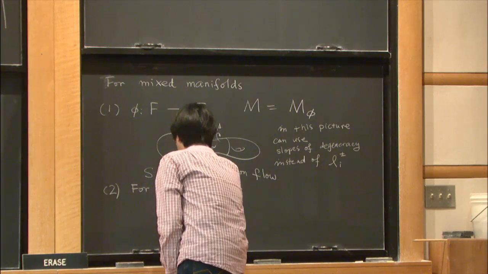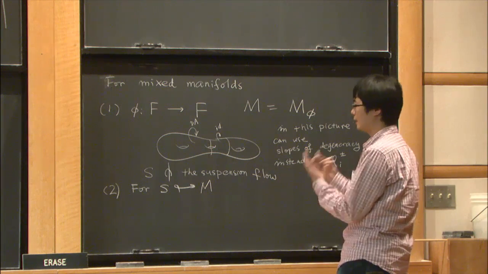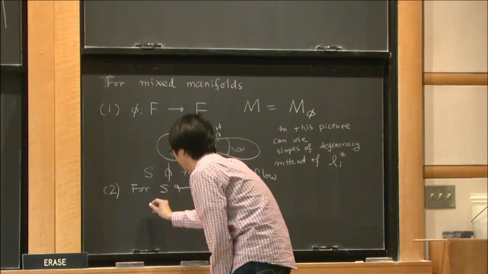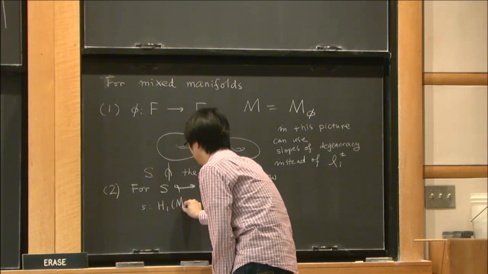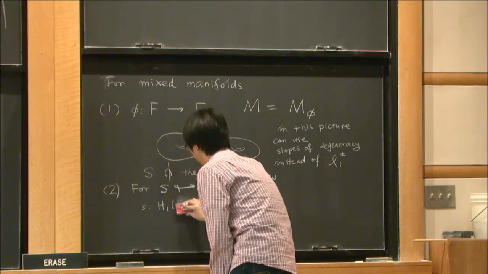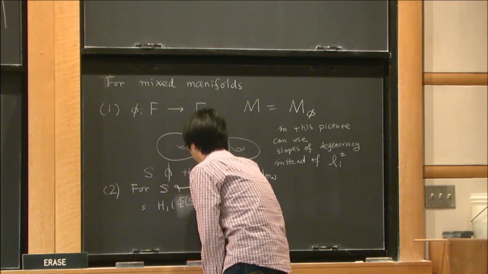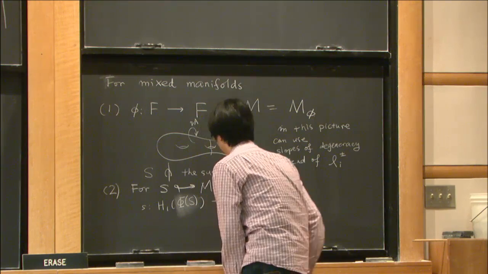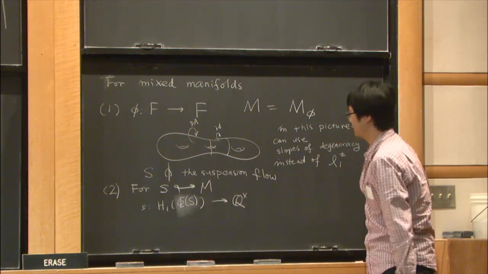for M, it's defined by a different formula, but you still have a map from the almost fiber parts to rational numbers.